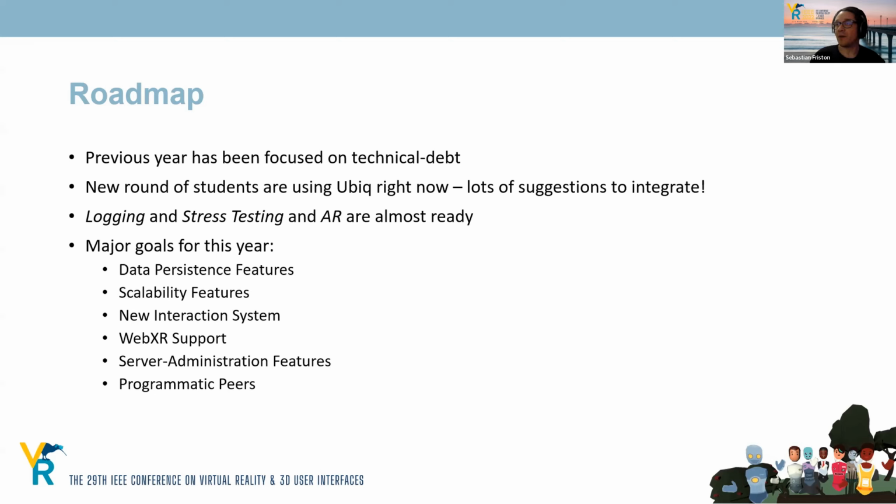So we've done a lot of work behind the scenes over the previous months, and what we want to do now, after the conclusion of our virtual environments module this year, is add some major refactors and features. These include the logging and network stress testing features and mixed reality support. These are almost ready, as I mentioned about the stress testing, for example, and they mainly require basic cleanup before they are merged into our main branch.